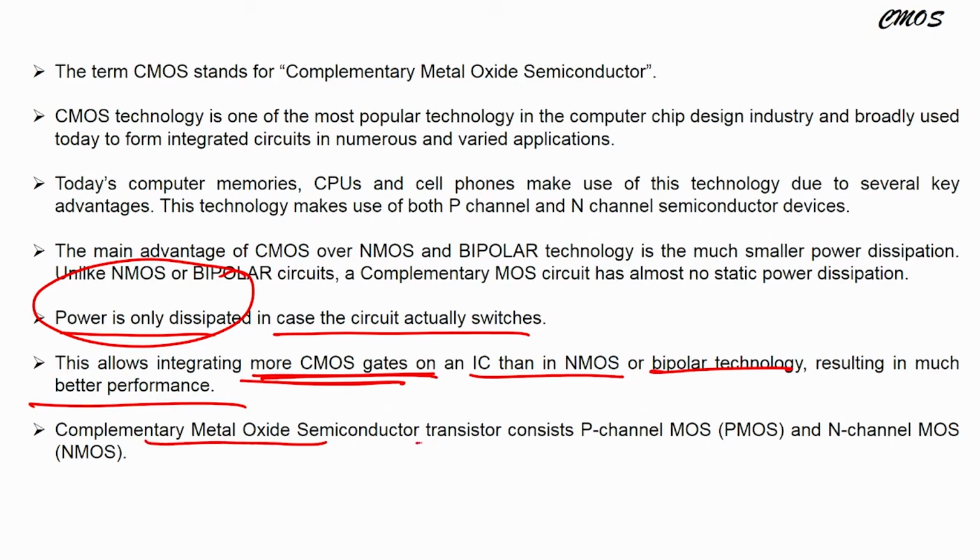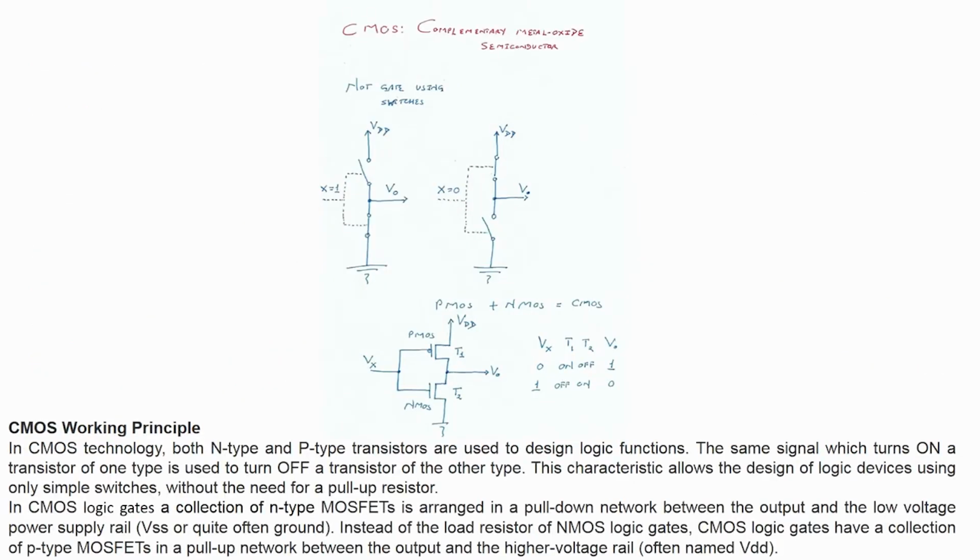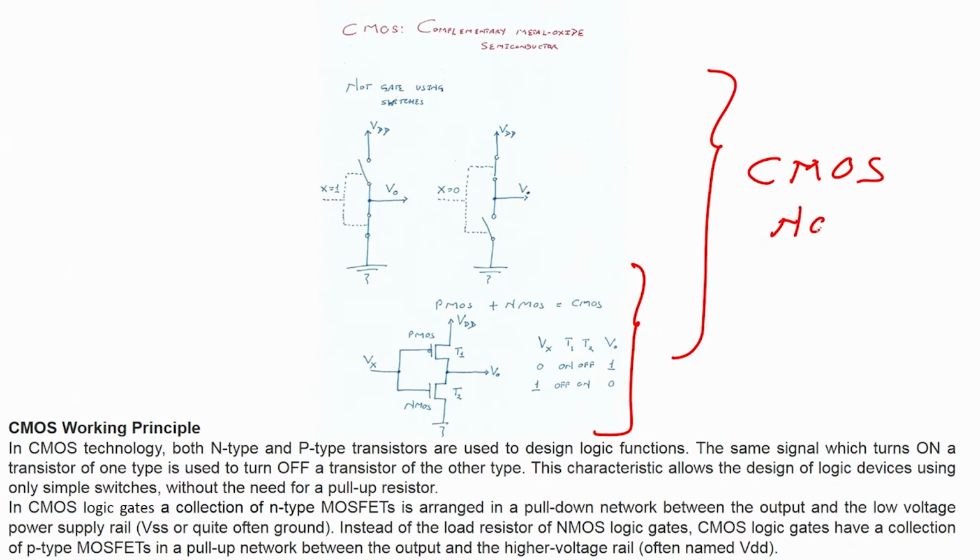A complementary metal oxide semiconductor transistor consists of a P channel MOSFET and an N channel MOSFET. You can see here we have the P channel MOSFET and the N channel MOSFET. If I want to use this CMOS as a NOT gate, you know, if I apply 1 my output is 0, if I apply 0 my output is 1, right.